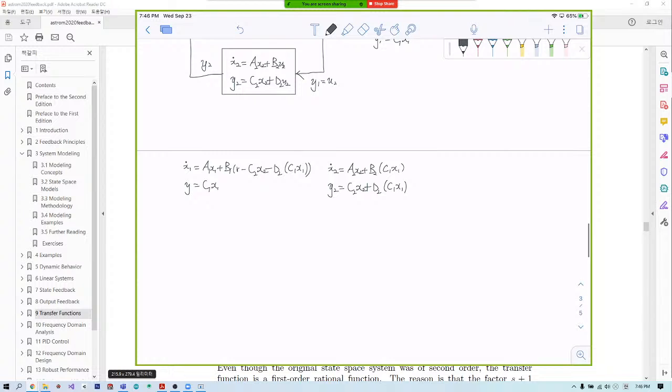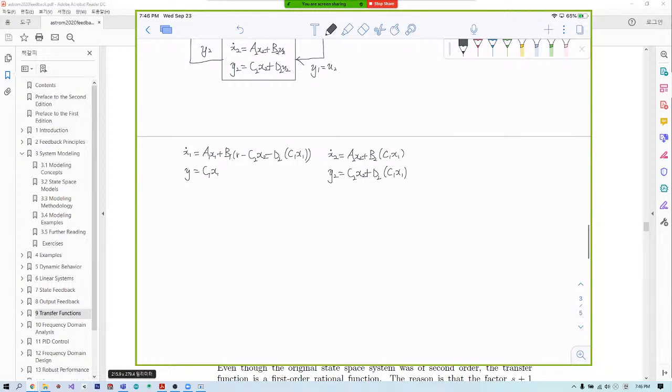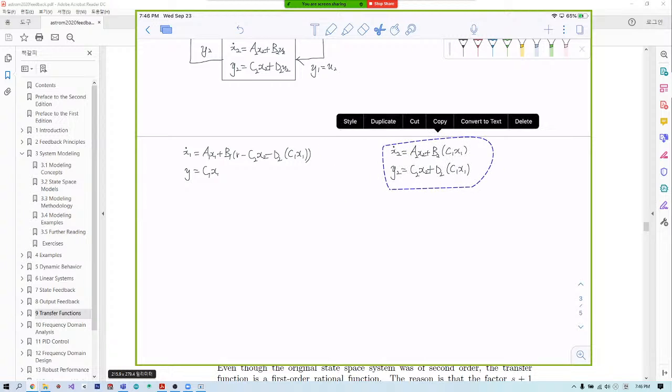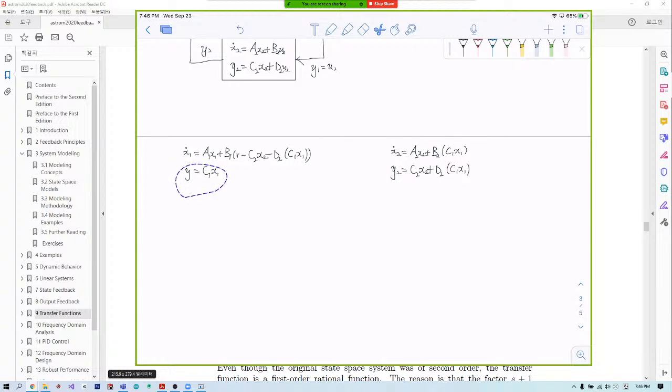Now all we have to do is rearranging these things into a linear combination of input and state vector. And just rewrite the things here. Okay, got A1 minus B1 times D2 times C1 of x1.